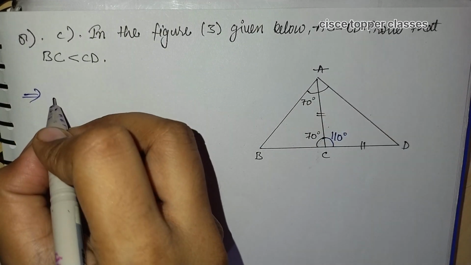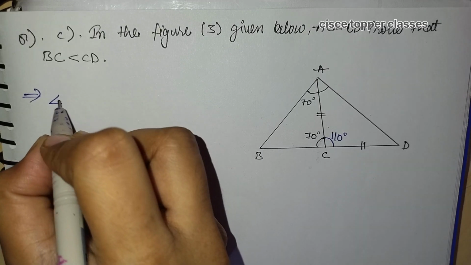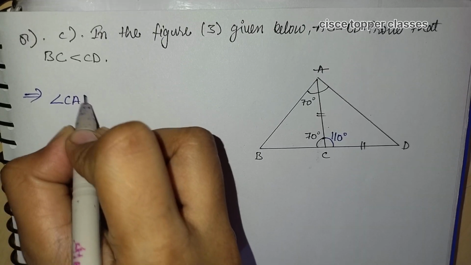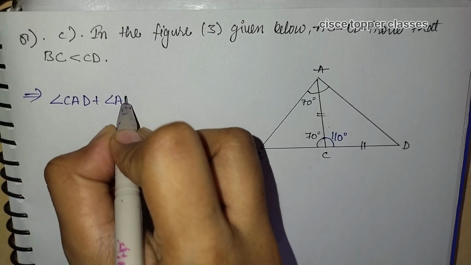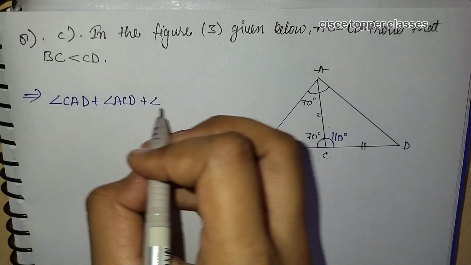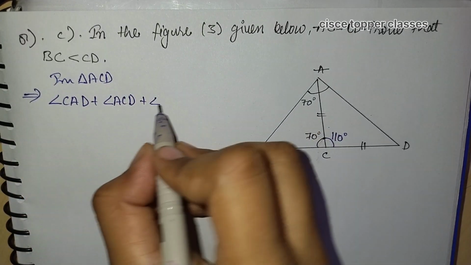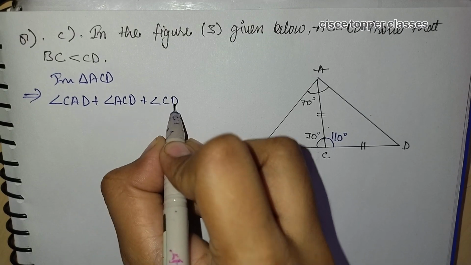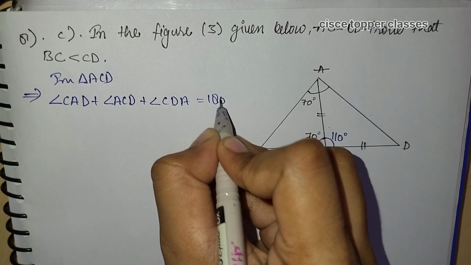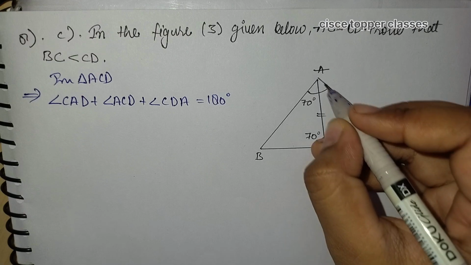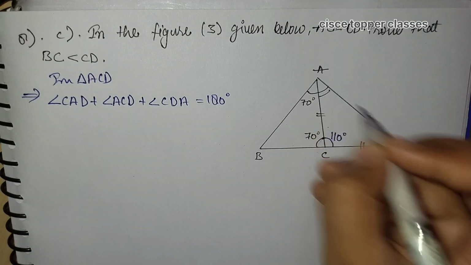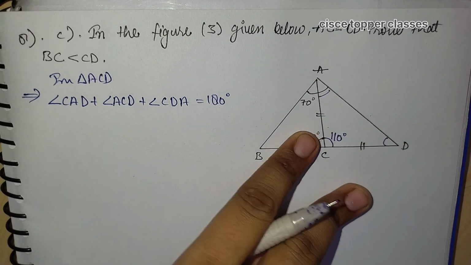So here we can write it as angle CAD plus angle ACD plus angle CDA is equal to 180 degree. We will put the values as these two angles will be equal here, because the two sides are here equal.